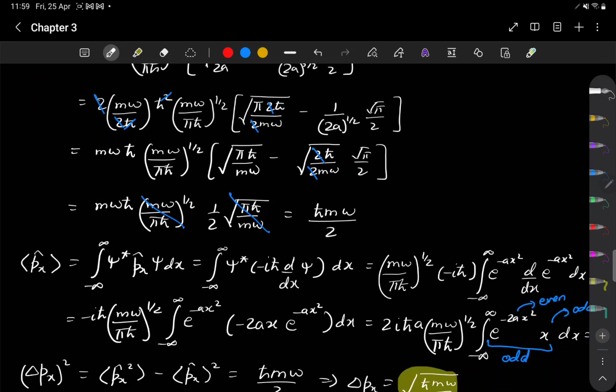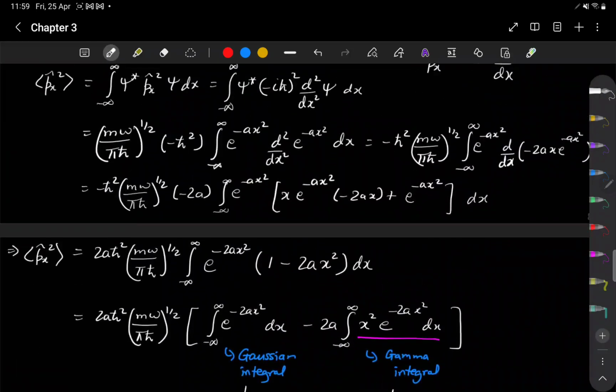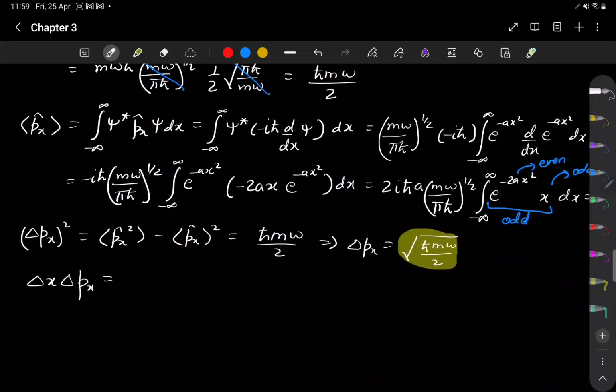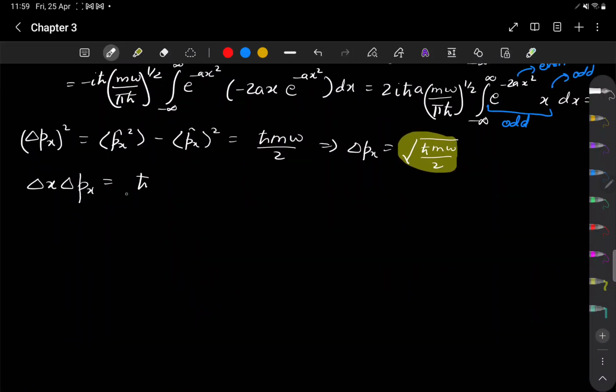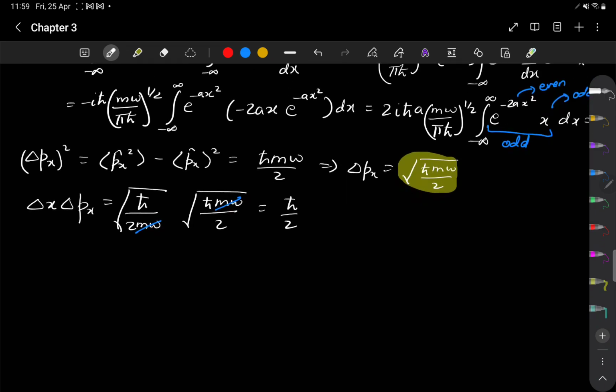So putting it all together, now m omega cancels out, giving me simply h cross over 2, which is the desired result.